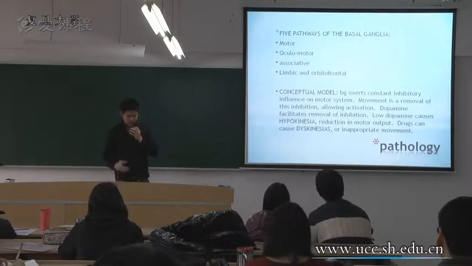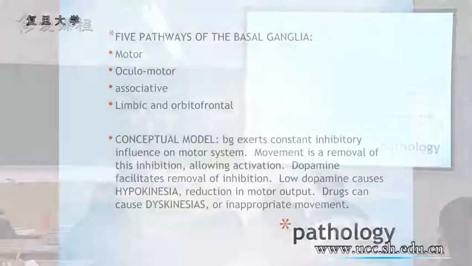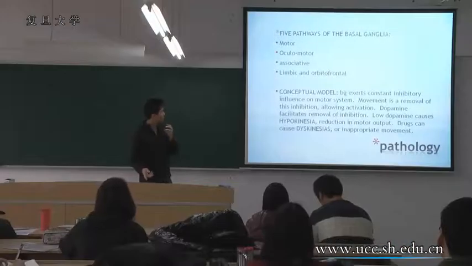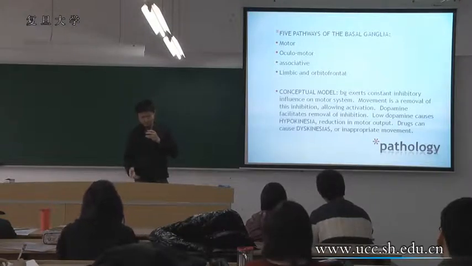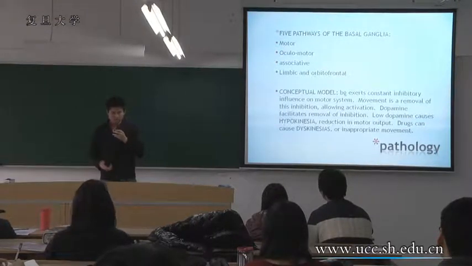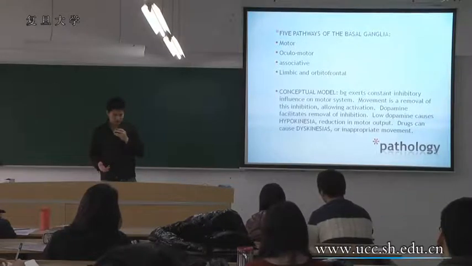The reason you have these symptoms is because the basal ganglia has pathways to these places in the brain, so it affects motor, oculomotor, associative, limbic, which is your emotions, memory, and I think also smell.